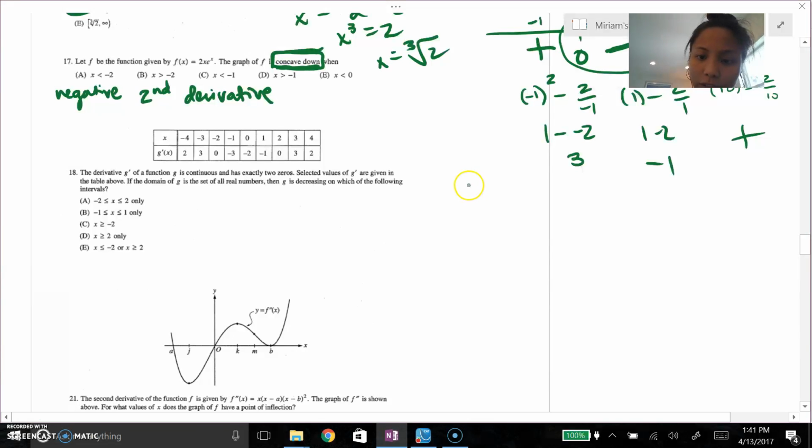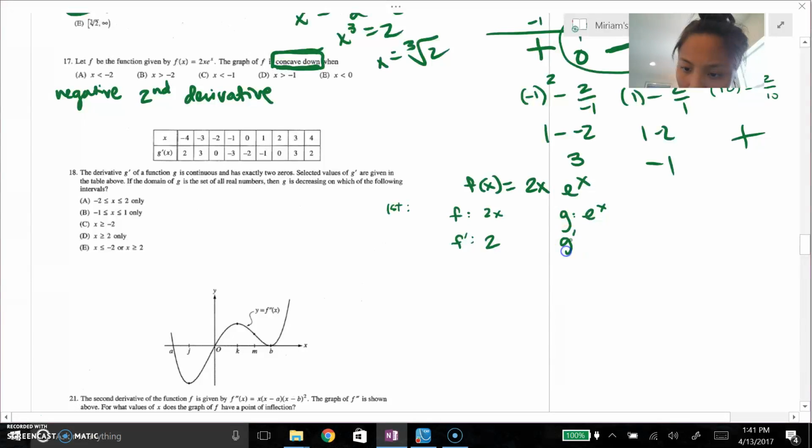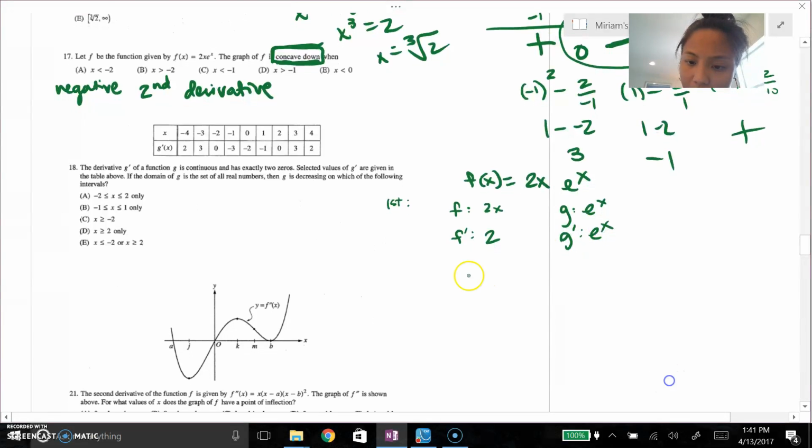So my function is 2x e to the x. To get the first derivative, I need to split it, 2x e to the x as f and g. Then f prime is 2, g prime is e to the x. I put it together, 2 e to the x plus 2x e to the x.